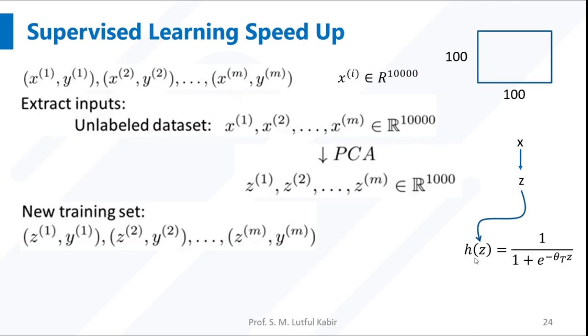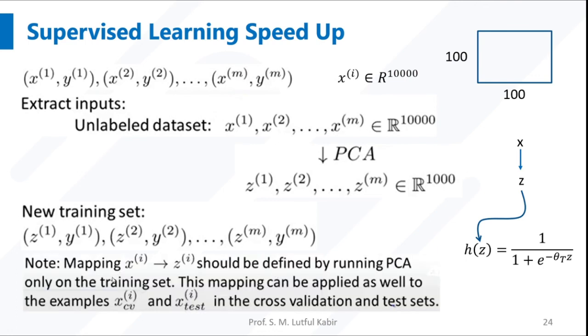So once you get this hypothesis, then you can test your system. The technique is that first of all you map xi to zi through U reduce that we have already discussed, and that should be found out only on the training set. And this mapping you can apply as well to the other sets, for example the cross validation set, and also the test set.